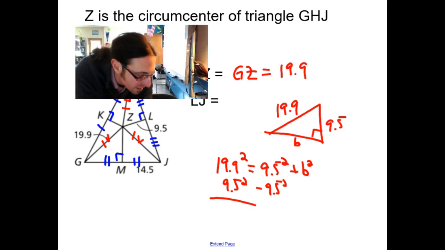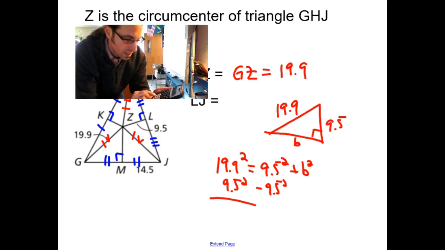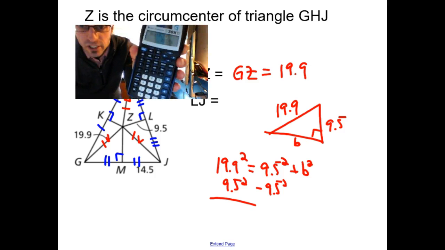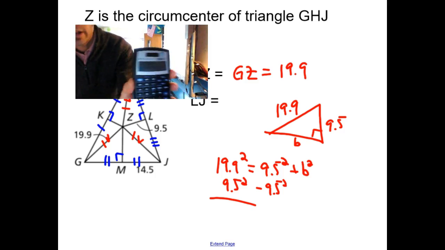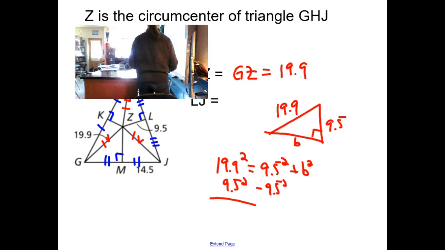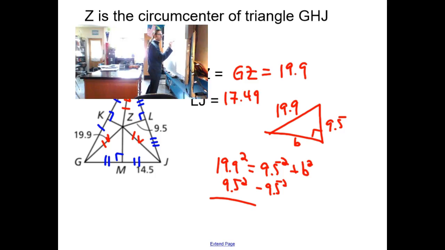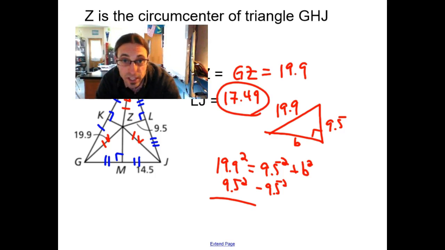So I pull out my handy calculator, and I say 19.9 squared minus 9.5 squared is 305.76. But now I need to take the square root of that. And I get 17.49. Whatever units that problem is in.